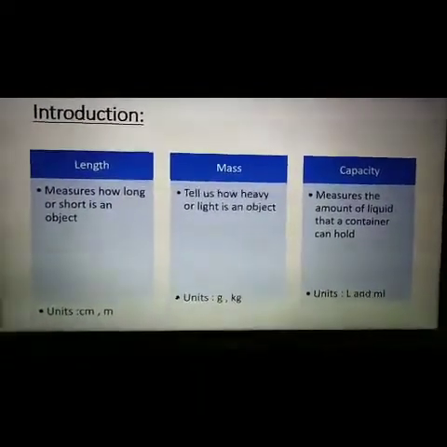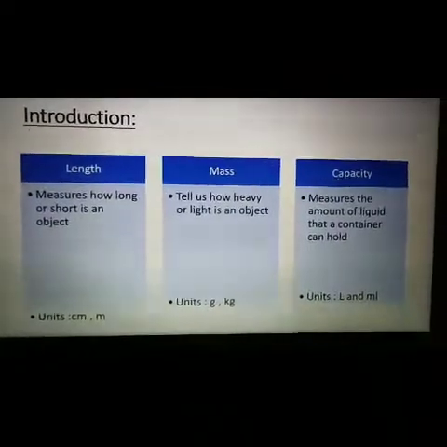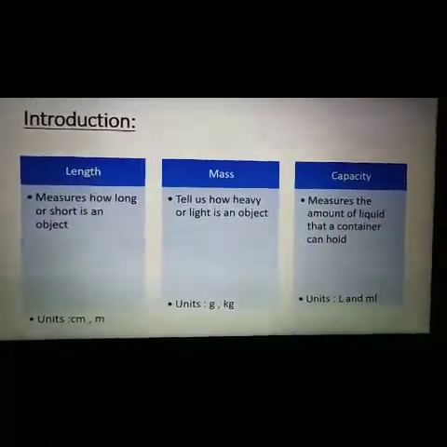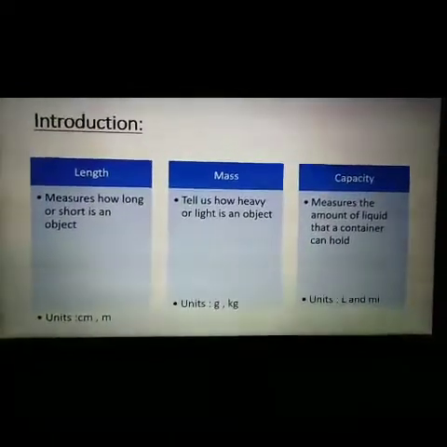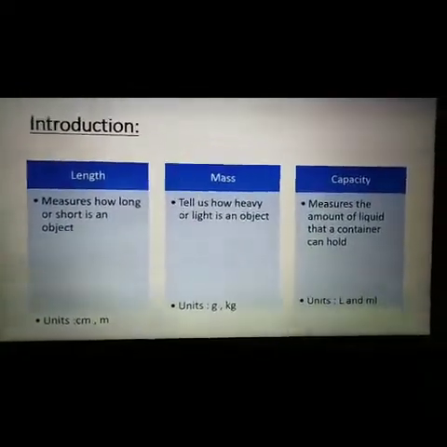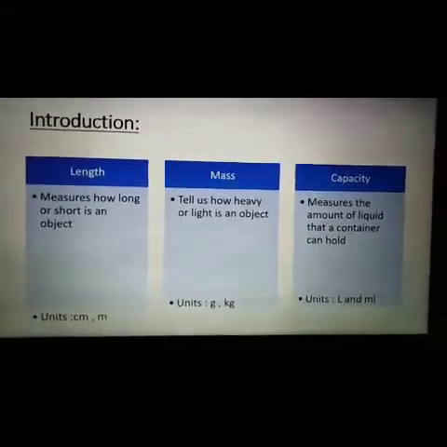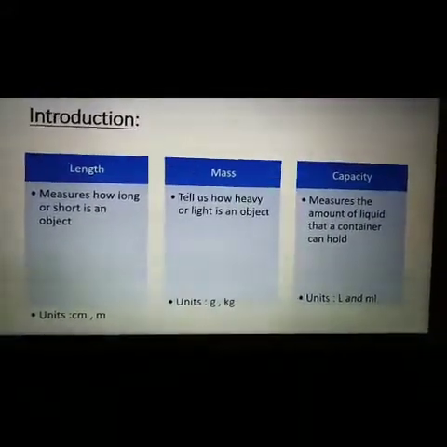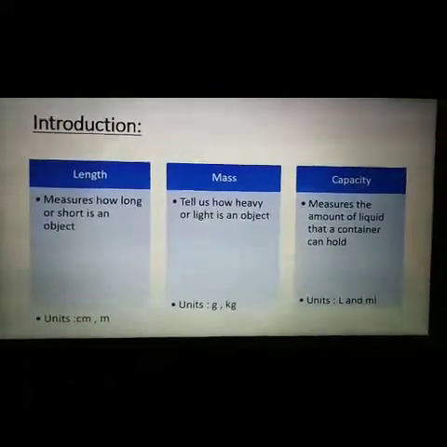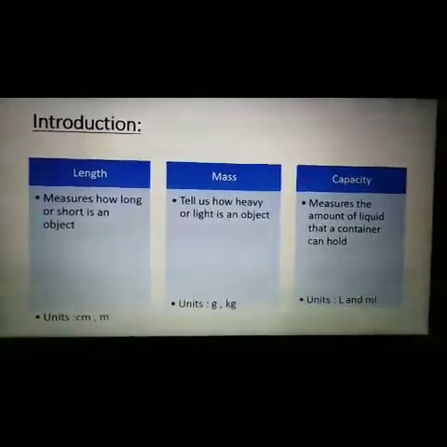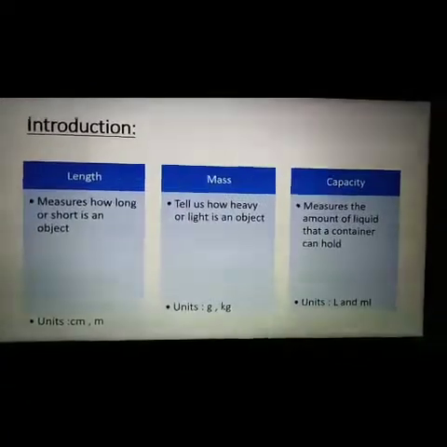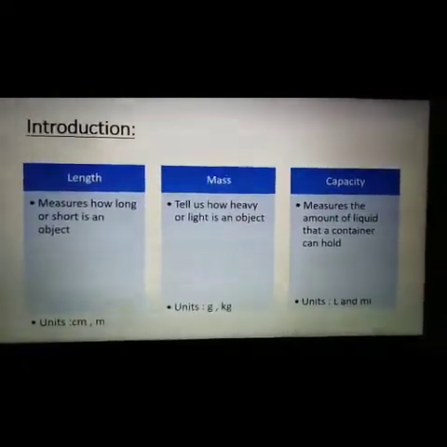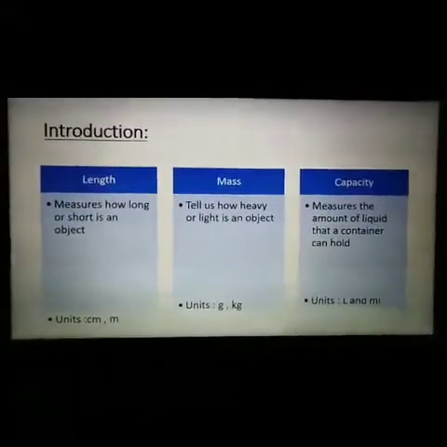Length measures how long or short an object is, and we use the units centimeter and meter to measure the length. Mass tells us how heavy or light an object is. We use gram and kilogram to measure the mass. The capacity measures the amount of liquid that a container can hold. The units that are used to measure the capacity are the liter and the milliliter.